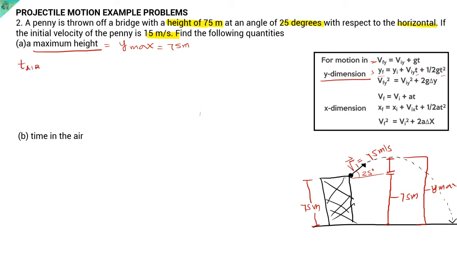We'll search first for the time in the air, and that would give us VFY equals VIY plus GT. Again, remember that you want to isolate t. Find parts of the equation that we can equate to 0. First, our final velocity would be 0.